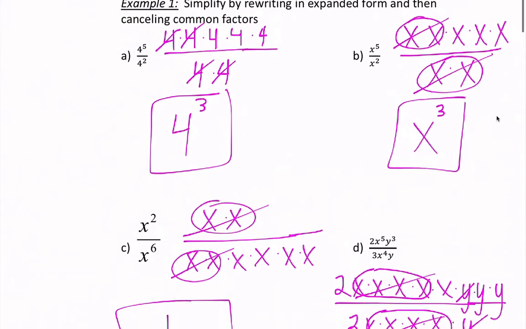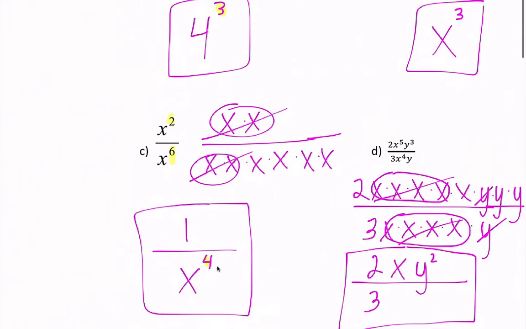So we're trying to figure out the rule that I do with my exponents to get here. What did I do with my exponents to get to this number? Well, notice 5 minus 2 is 3. 6 minus 2 is 4. So the rule is subtract when you're dividing your exponents, and that should make sense because things were canceling out.